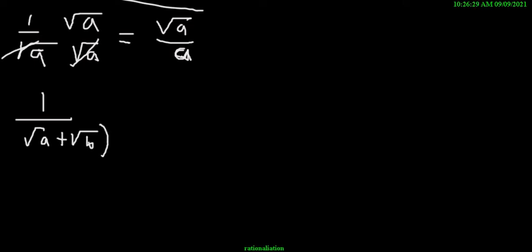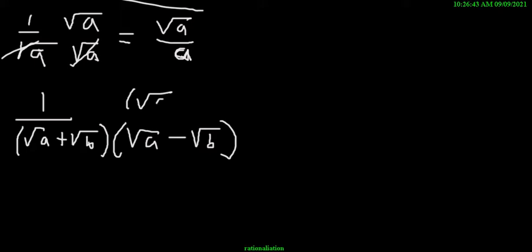So in this case we would have to get the conjugate of this, which is root of a minus root of b, and multiply top and bottom by it.